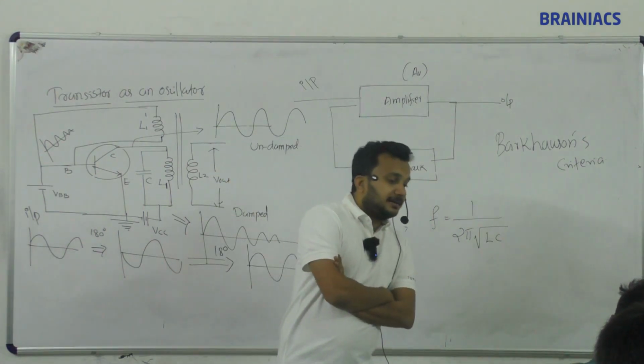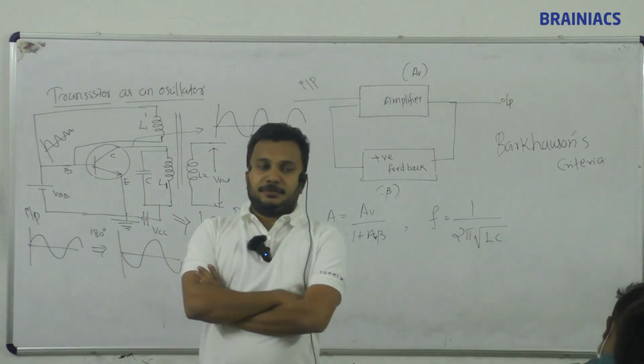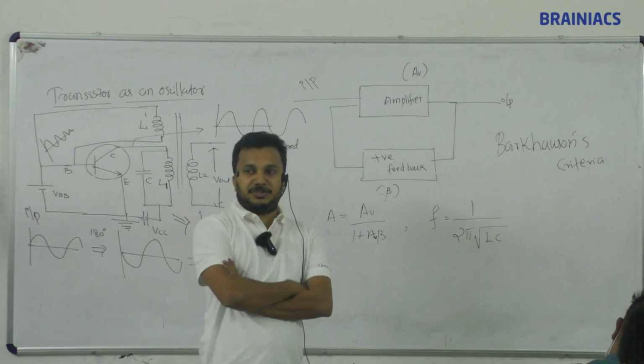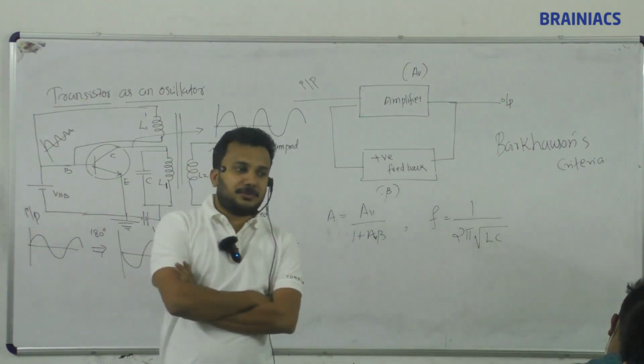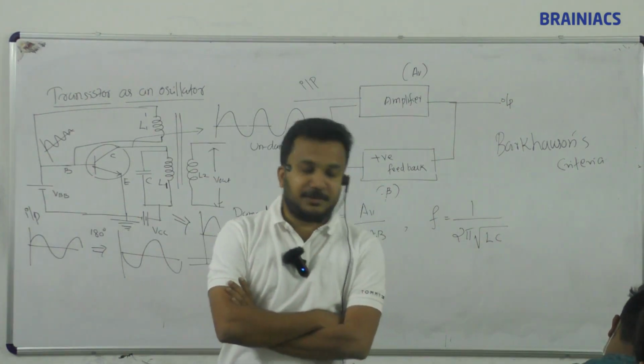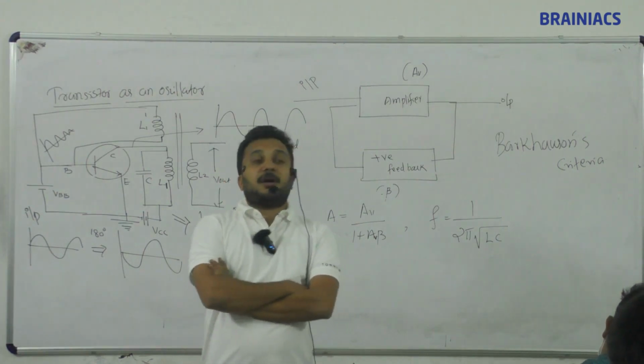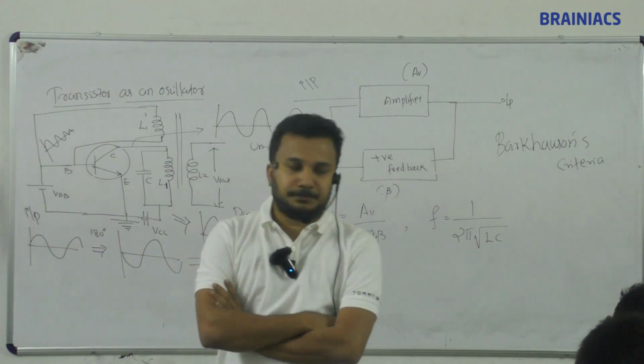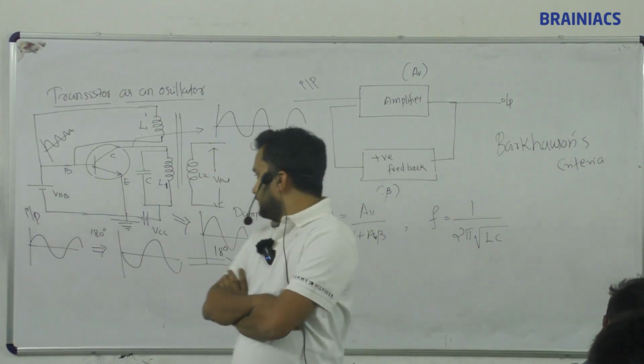The feedback network, positive feedback, only positive feedback can produce oscillation. Okay, a negative feedback circuit will be there, but it's not needed for you. So the feedback network also produces 180 degree phase shift.